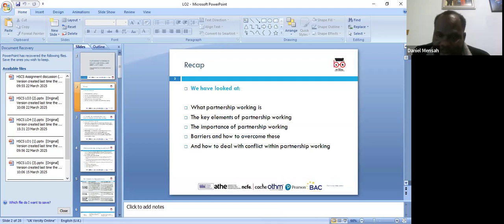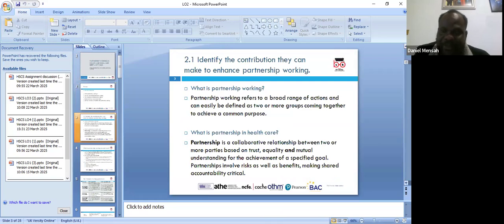So yesterday we spoke about partnership working, the key elements of partnership working, the importance, barriers, and how to deal with that. We identified that one of those key elements in partnership working had to do with communication. We also realized that there are problems where there's conflict of interest, where the roles of professionals are not clearly defined.